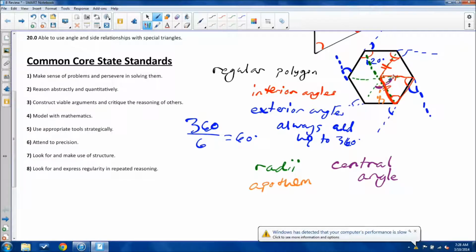Now, as you can imagine, they are also congruent. Because they're congruent, you can add them up. They create a circle. They go full rotation, so they're 360 degrees. So the measure of each central angle is taking 360 degrees and dividing by the number of sides, or the number of central angles there are.